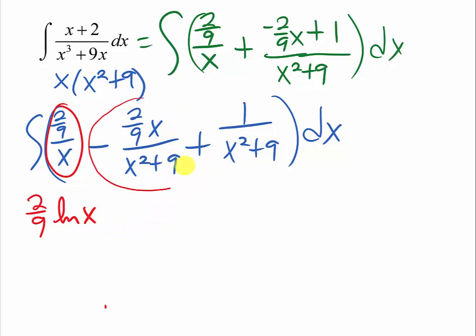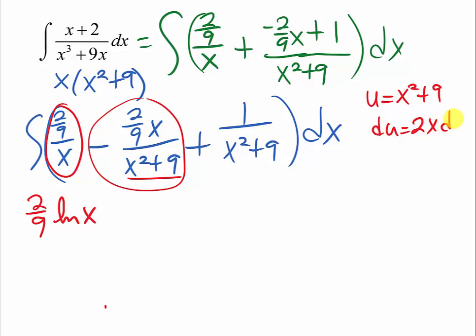Okay, looking at this one, I can see it's a nice u substitution because in the denominator it's x squared plus 9 and its derivative is 2x, and I've got that in the numerator. So for that one I'm going to let u be x squared plus 9. That means du is 2x dx, and so if I'm replacing this, that's going to be negative 1/9, and I'm just going to put that first, and then this integral, and I'm leaving the 2x part and the dx here.